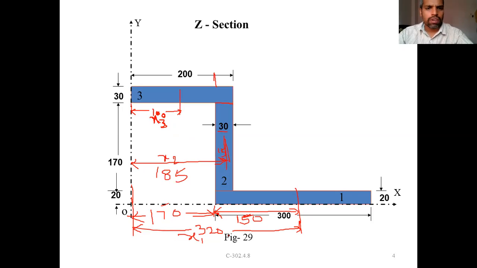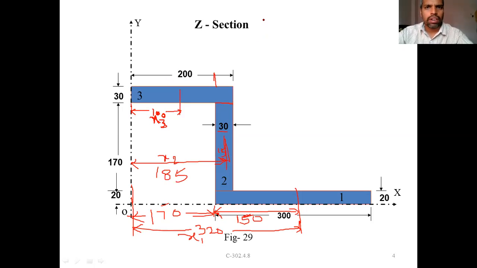So now we have x1, x2, x3: x1 equal to 320, x2 equal to 185, x3 equal to 100 mm. Once you know x1, x2, x3, a1, a2, a3 are easy to calculate. a1 is equal to 300 into 20, a2 is equal to 170 into 30, a3 is equal to 200 into 30.